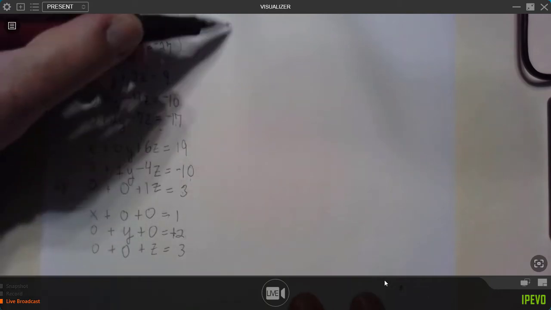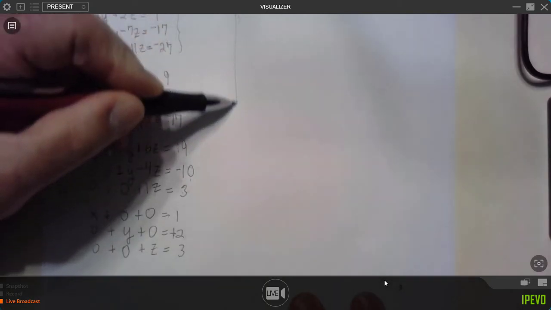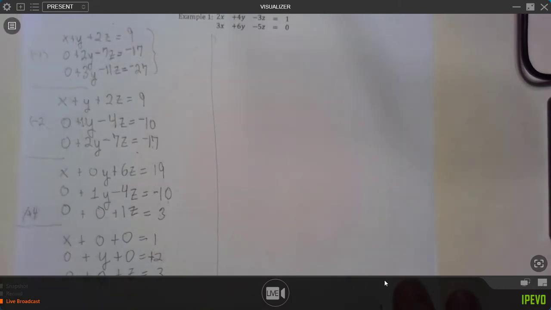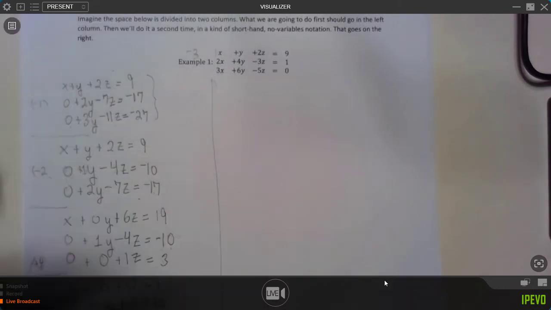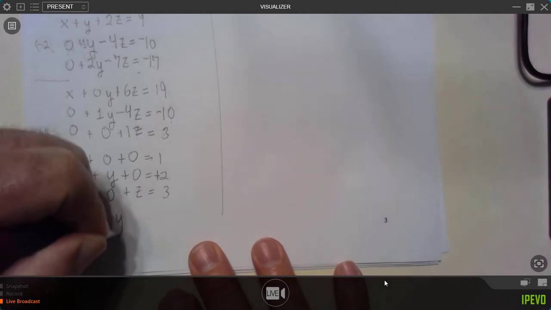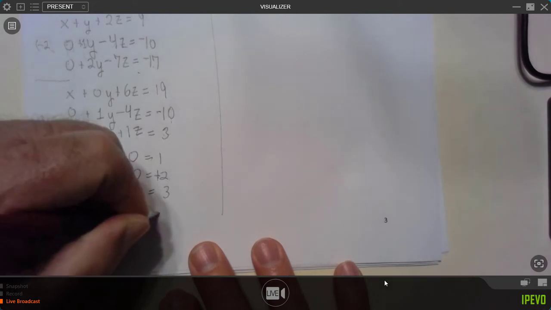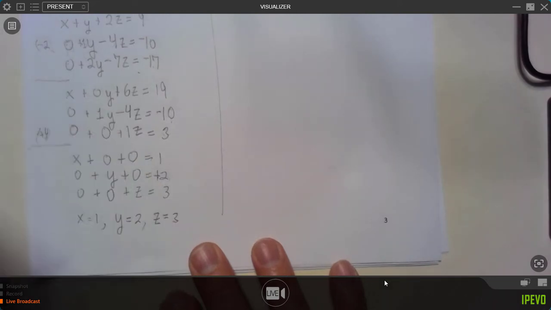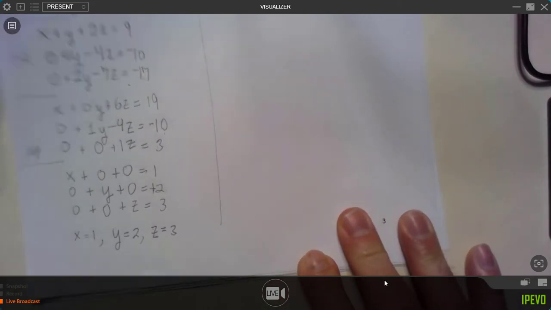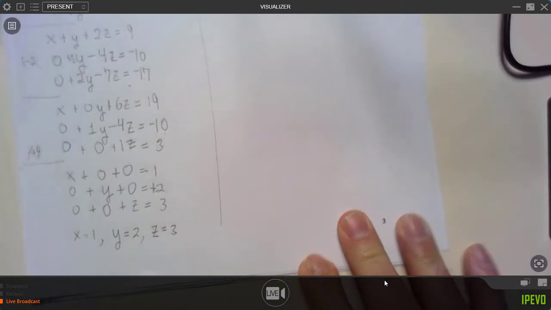Okay, now what I want to do is kind of strike a line here and show you a shorthand way of writing this solution. So I suppose write down the final conclusion. X is 1, y is 2, z is 3. Okay, now we can actually save ourselves a lot of trouble by not copying so many symbols.